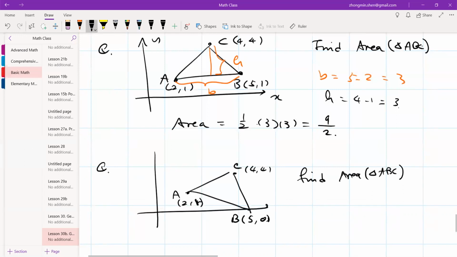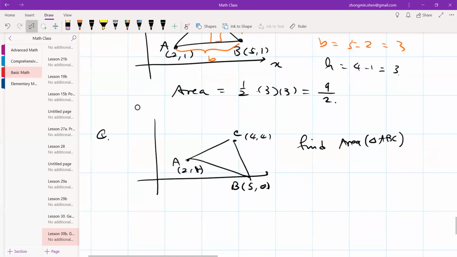I'm going to call your names. This is difficult, okay? If you couldn't figure it out, that's fine. I'm going to show you how to do it. James Young.